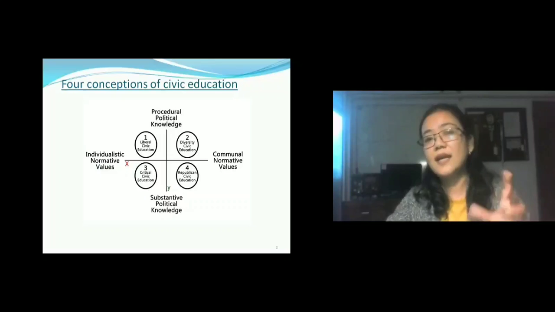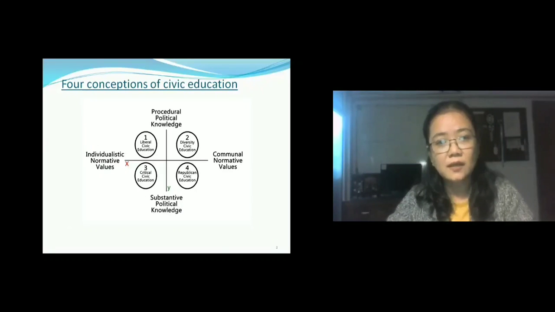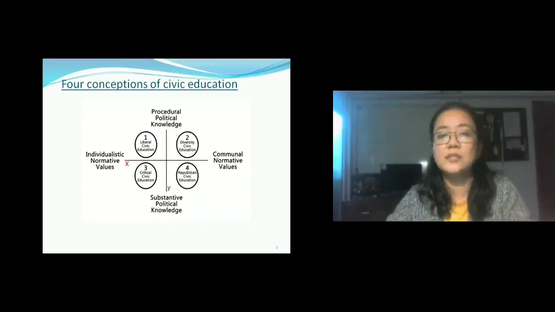These two different types of political knowledge are a kind of input. When you look at the X axis, on the far left end is individualistic normative values. As the name suggests, the place of the individual in a society is emphasized as more important than communal values.